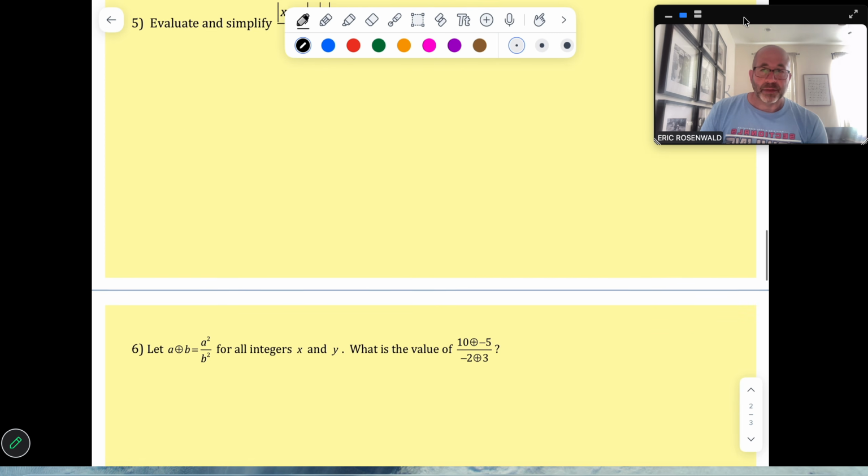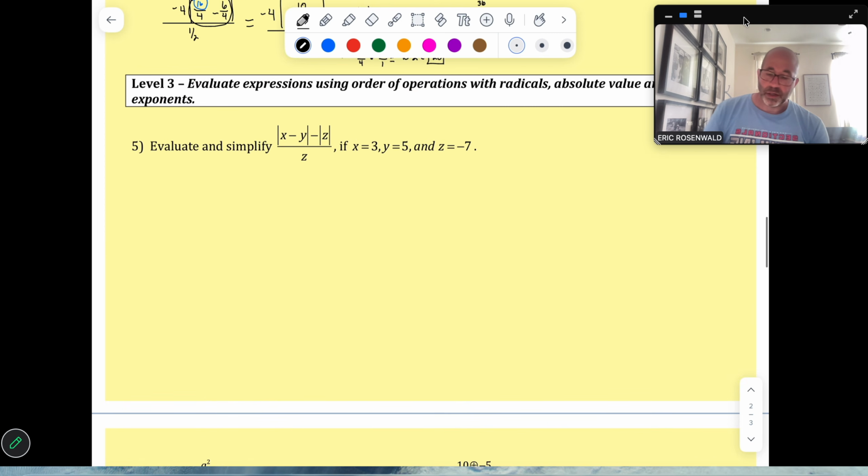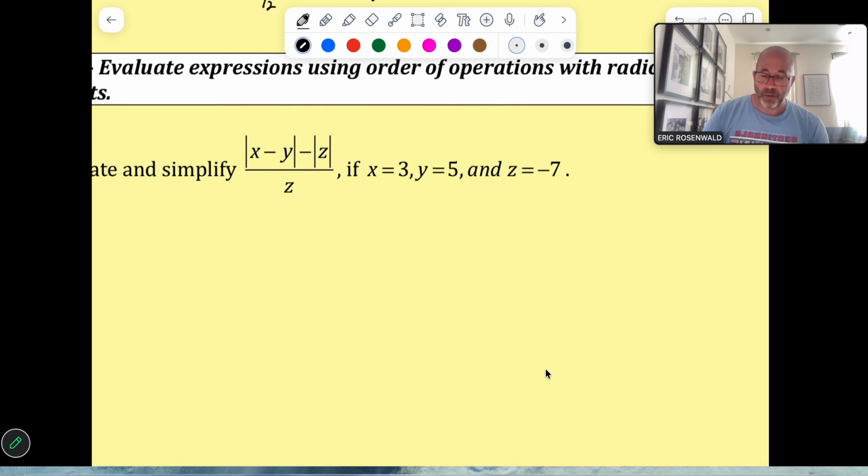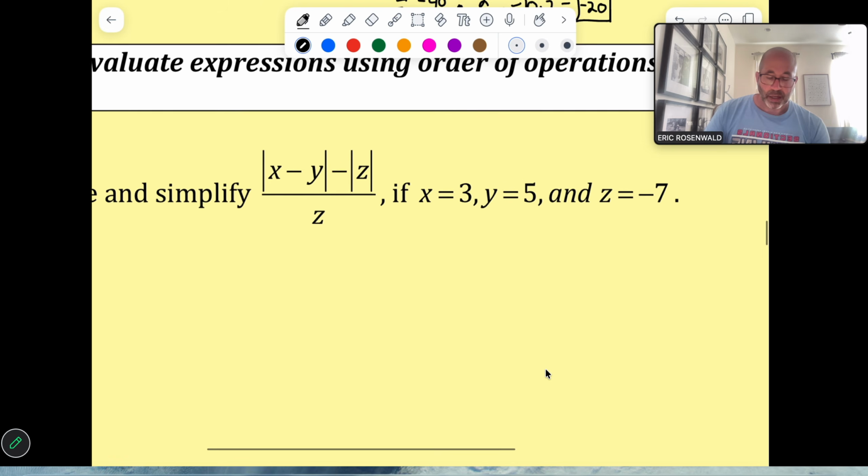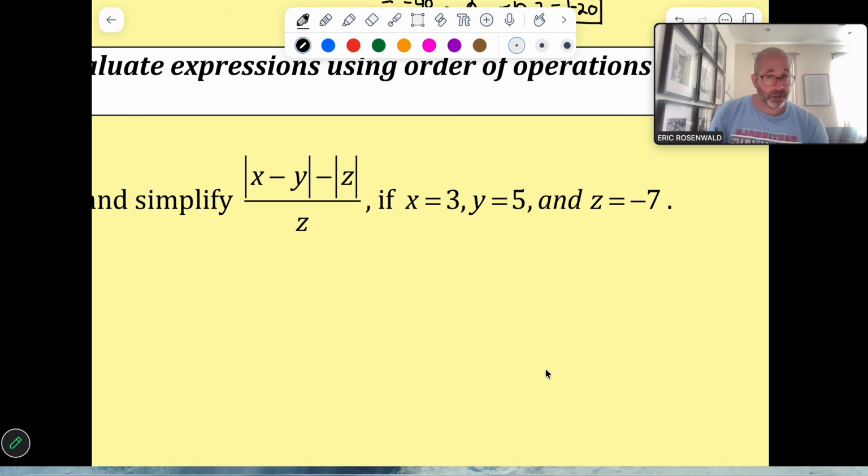All right, next, move on to number 5 here. Number 5, when we look at this, we're looking at substitution. Okay, so let's be careful. When you're doing these substitutions, you have to make sure you pay attention to the signs that are taking place and you use parentheses whenever necessary, okay? So let's look first at this x minus y minus absolute value of z. So for our x value, we're going to plug in a 3.